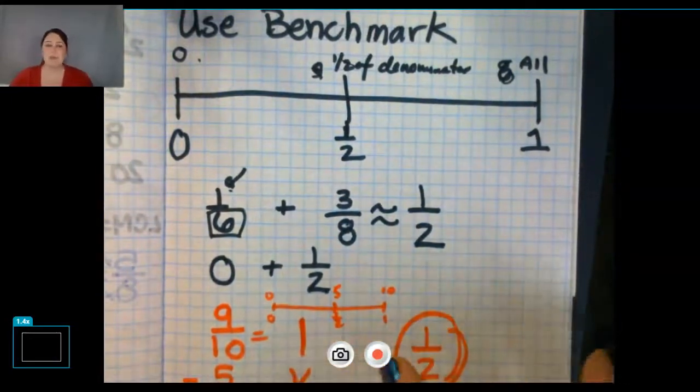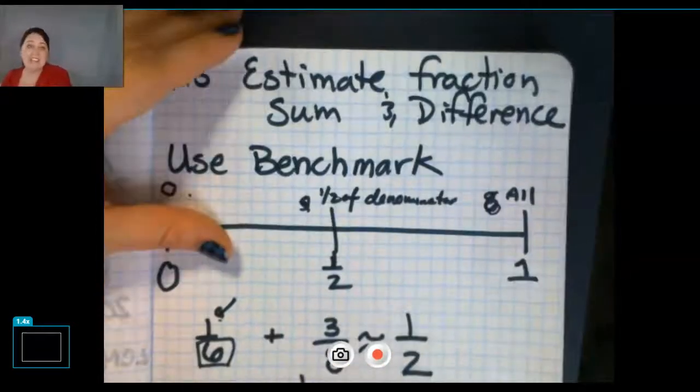Now these ones were pretty straightforward. 9/10 is closer to a whole than it is to a half. Sometimes they choose numbers that just aren't straightforward, which is always interesting to me. Like, really, you're going to pull that on kids that are just learning. For example, they might have a problem that looks like this. 1 and 8/9.